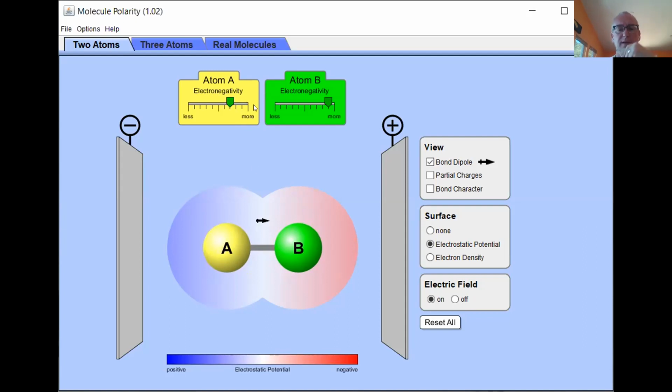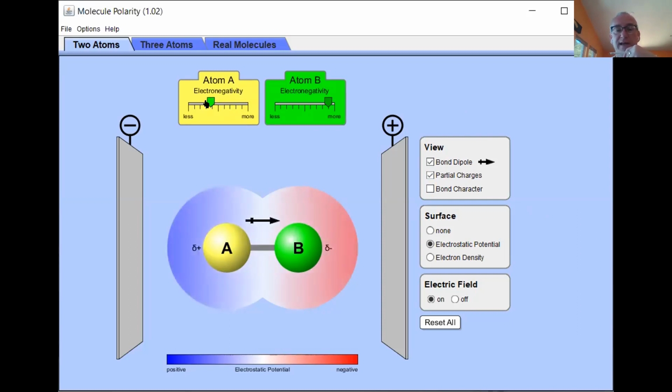So this would be the bond dipole here, right? How does that change as you change the electronegativity? And how do the partial charges change? We haven't looked at the partial charges. This gives you the partial charges. And you can't see much of anything because the partial charges are so small. But watch what happens when I change the electronegativity of A.